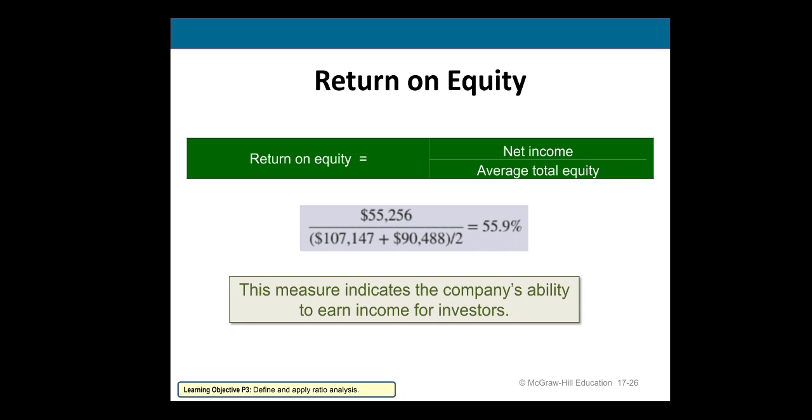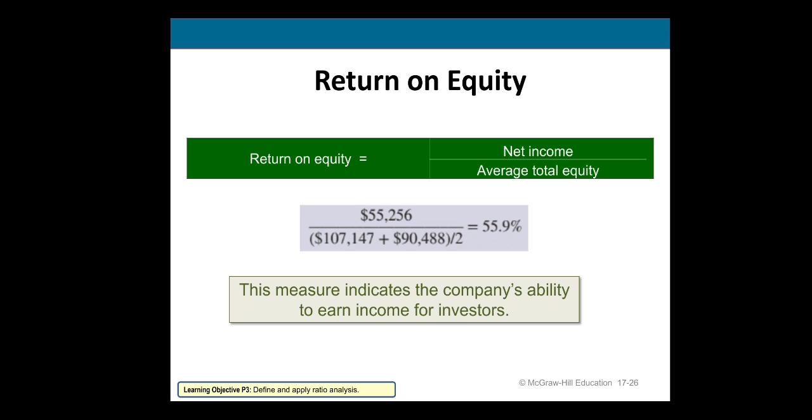And then this is return on equity. Return on equity measures the ability of a business to generate profit for investors. Remember, equity is the amount of dollar owned by the owner of the business.